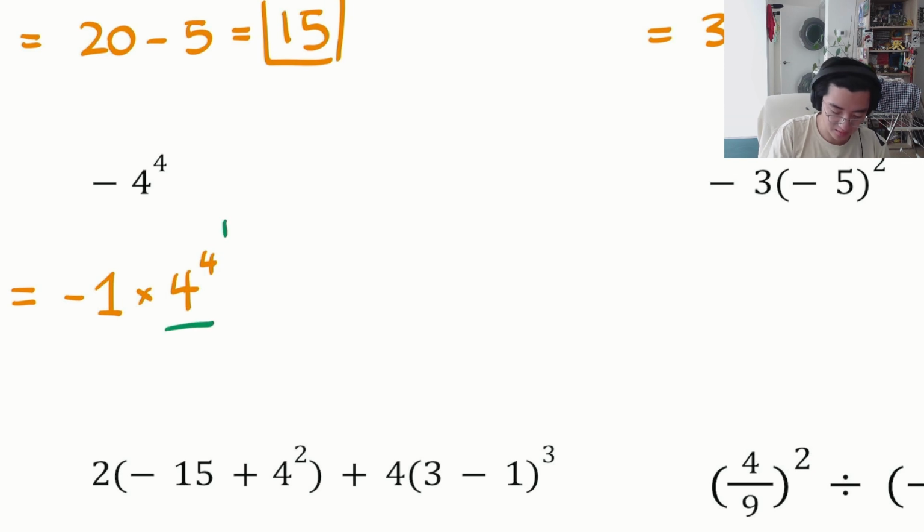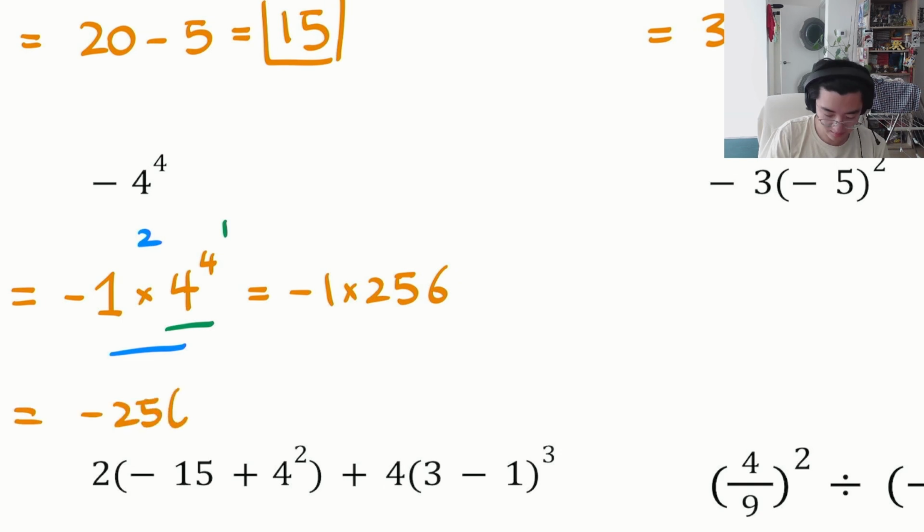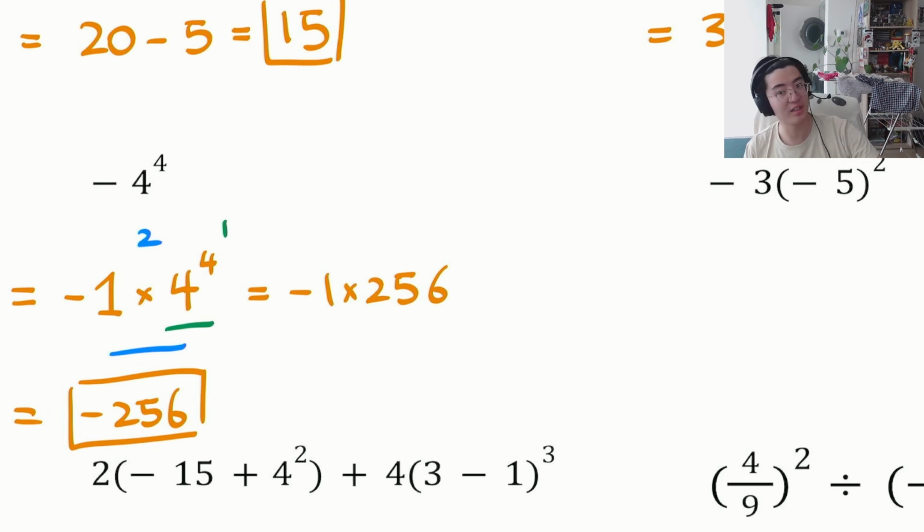So we do the exponent first, and then we do the multiplication. So 4 to the power 4 is 256. And of course, multiply by negative 1, negative 256. So that's the reason why we always put a negative sign in front. It's not quote unquote included in the exponent.